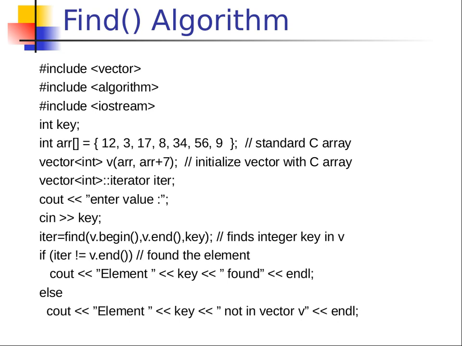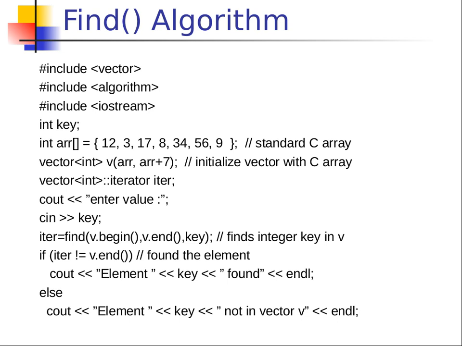So find is a boolean? No, what does find return? Index? What's iter? Find is returning iter, which is of type vector int iterator. So it's returning an iterator which points to where that value is located in the vector.